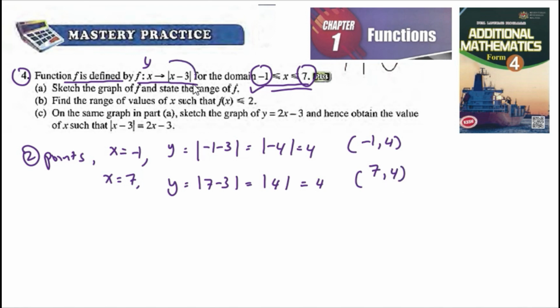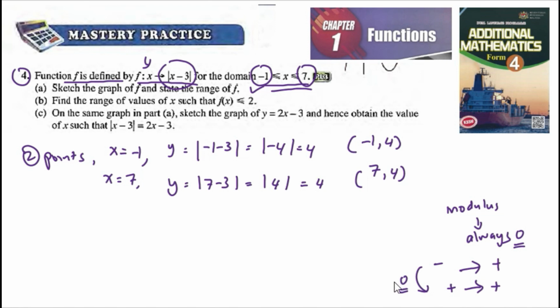So we see here we have a modulus function. Wherever we have a modulus function, we know that everything will always be positive or 0. So negative will become positive, and positive of course stays positive. So before negative goes to positive, there must be 0.